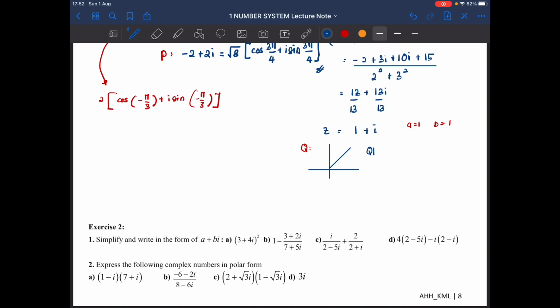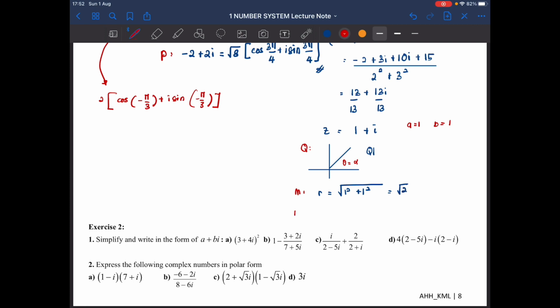We can directly write theta equals alpha here, no problem. Top, right, positive, alpha. So M is modulus. Modulus is R. R is the square root of 1 squared plus 1 squared. We will have square root 2.